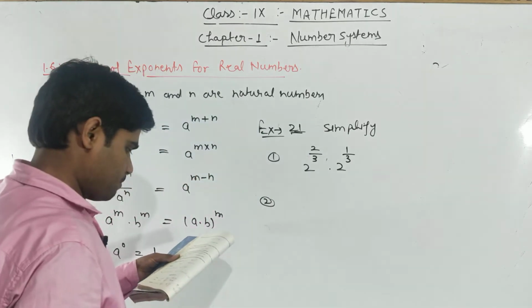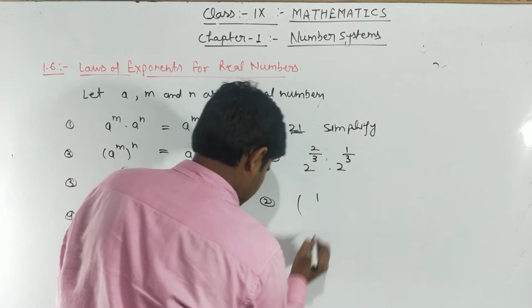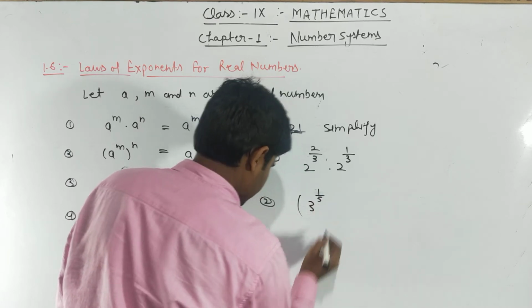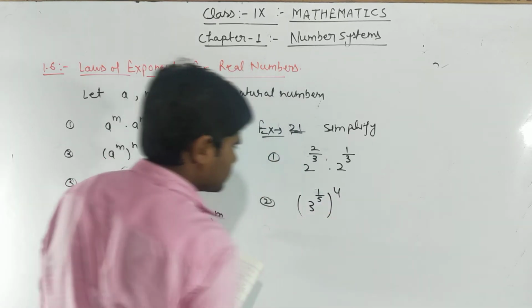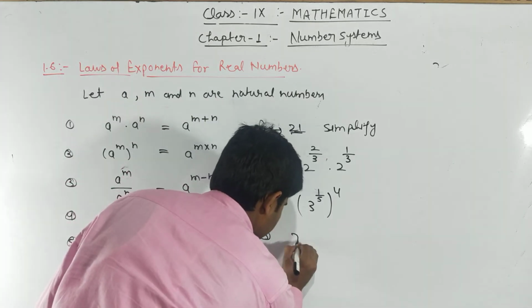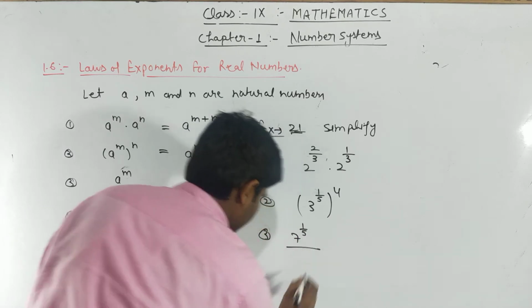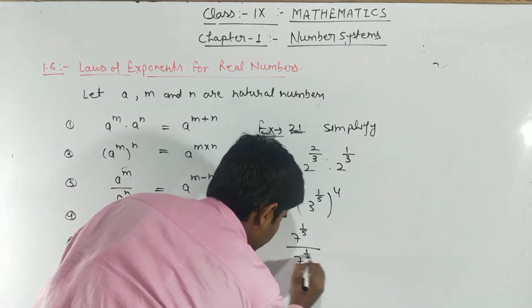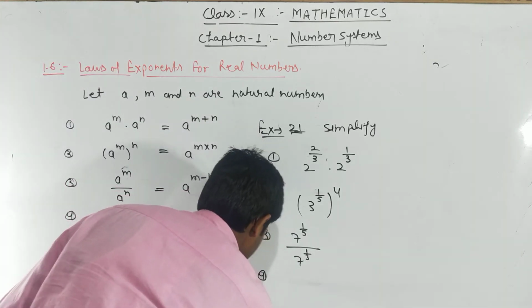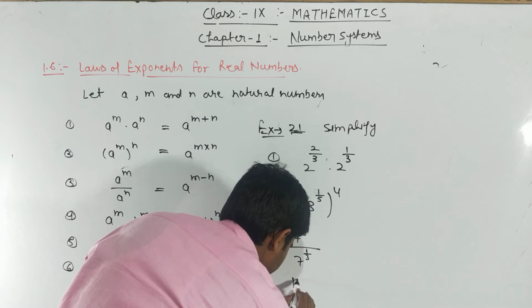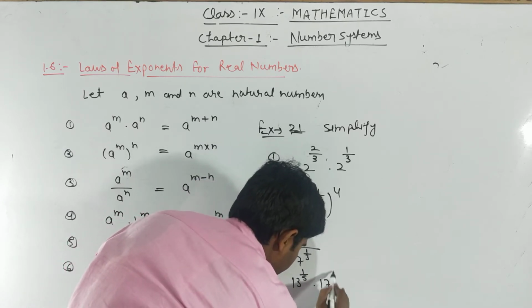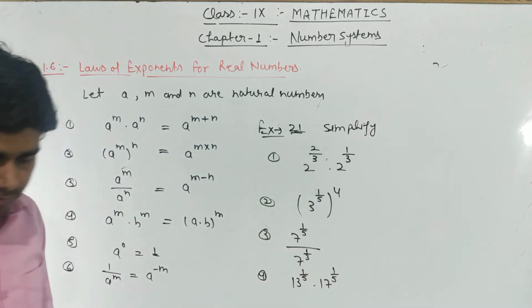Second: 3 raised to the power 1/5 whole power 4. Third one: 7 raised to the power 1/5 upon 7 raised to the power 1/3. Now fourth: 13 raised to the power 1/5 into 17 raised to the power 1/5. Solve all this.